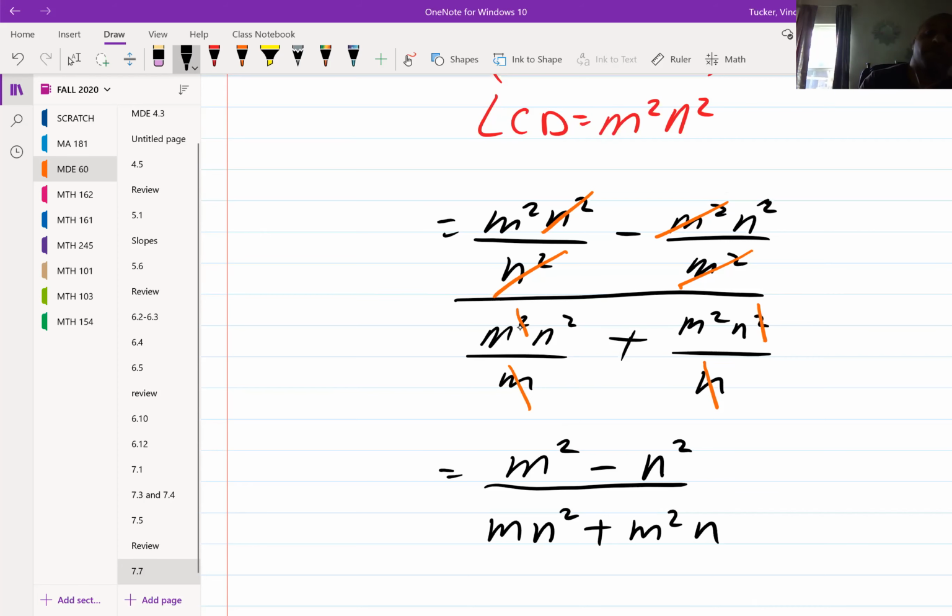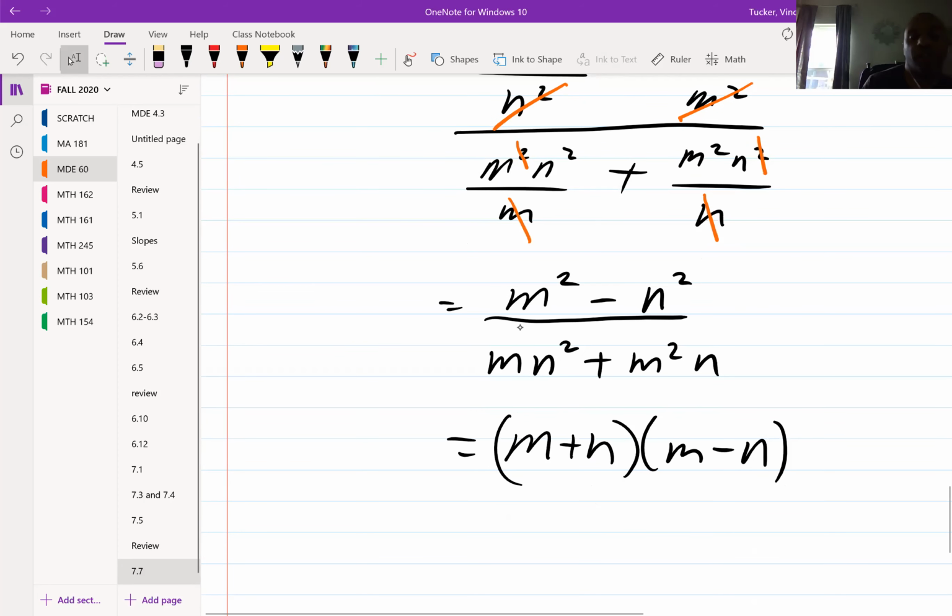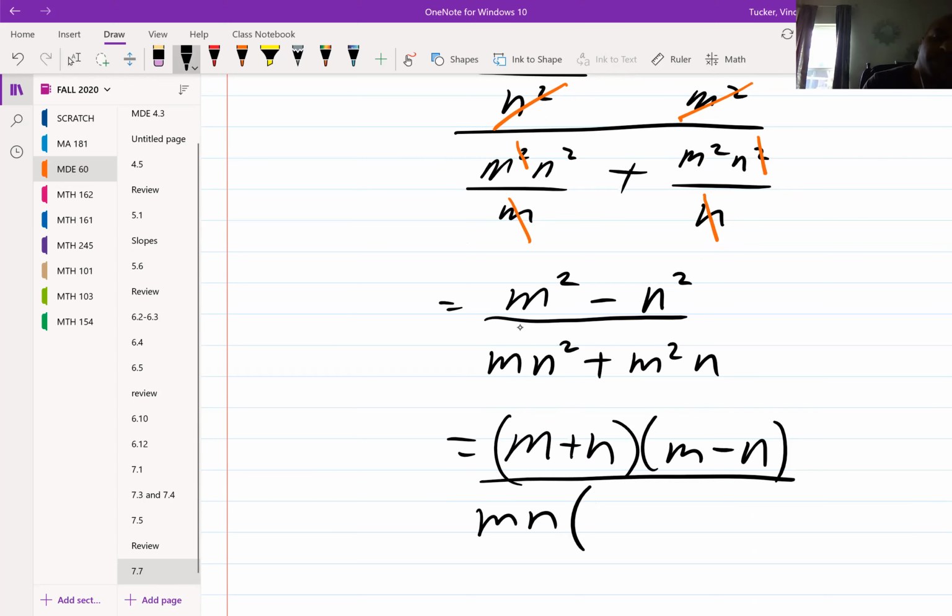All right, so now we can factor. m squared minus n squared, we have a difference of squares: m plus n, m minus n. Then in our denominator, we can factor out one m and one n. If you factor that out of the first term, you'll be left with n. Factor that out of the second term, you'll be left with m.